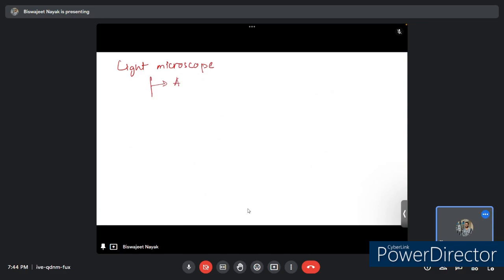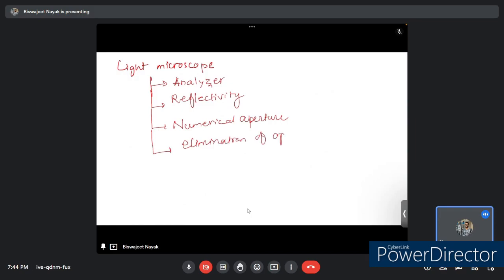So what are the different parameters we need to consider in a light microscope? One is analyzer, like what kind of light is falling and how we are analyzing it. Reflectivity, numerical aperture, illumination of opaque specimen, oblique illumination.